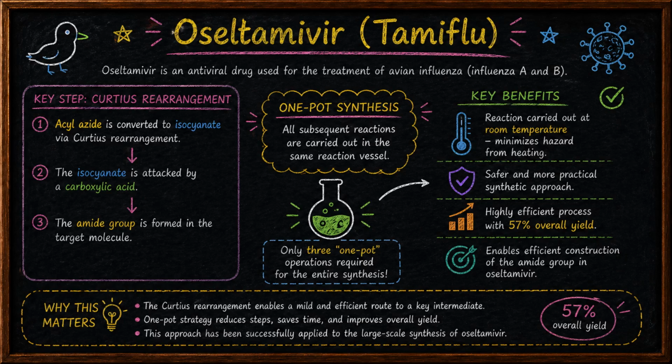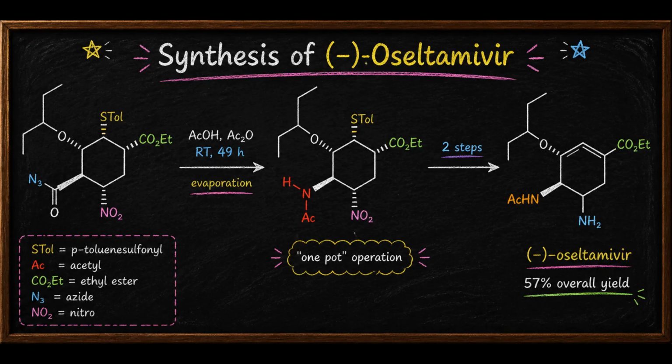During this process, the azide group is converted into an amine functionality through a Curtius-type rearrangement pathway, followed by in situ acetylation to form an acetamide group. This transformation is significant because it combines multiple steps into a single one-pot operation, improving efficiency and reducing purification steps.